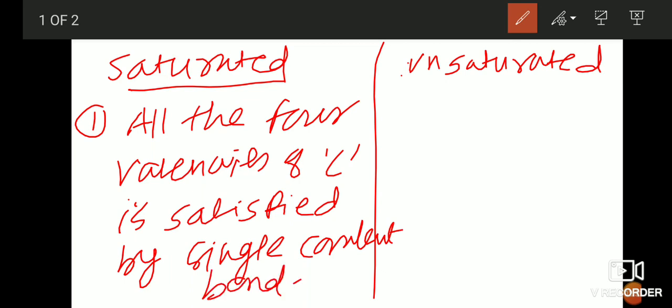So whatever the valencies of the carbon are, that valency is satisfied by the single covalent bond, correct, because it is saturated.